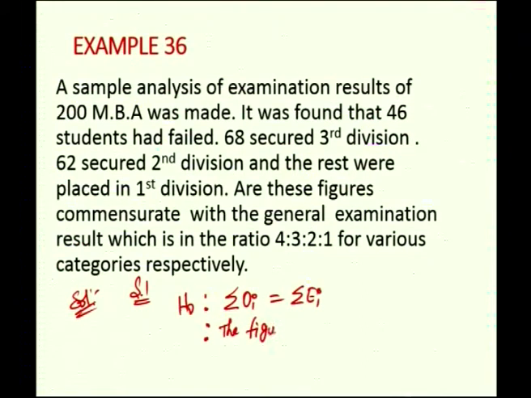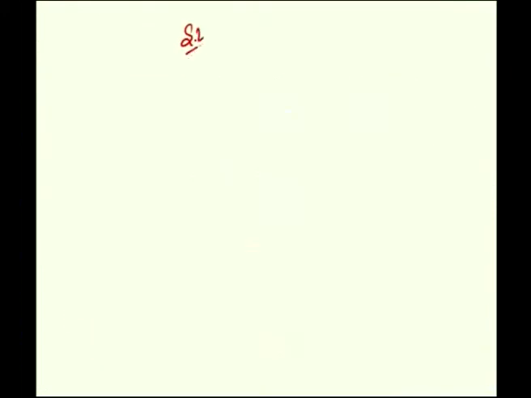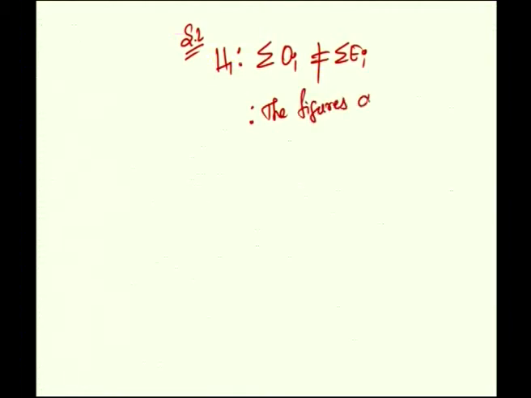According to H naught, the figures follow the ratio 4:3:2:1, whereas H1 says summation OI is not equal to summation EI. We say that the figures do not follow the ratio 4:3:2:1.